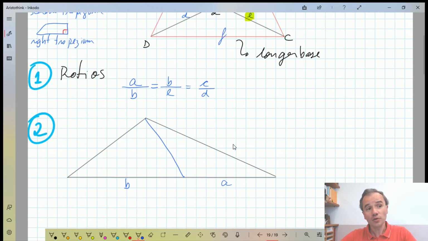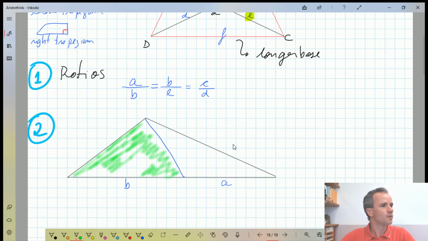Now, what can we say about the area of those two triangles? Let's go first here. I'm going to color this one green. So this is the green triangle. Let's try to describe its area. The area 1, this is going to be A1.